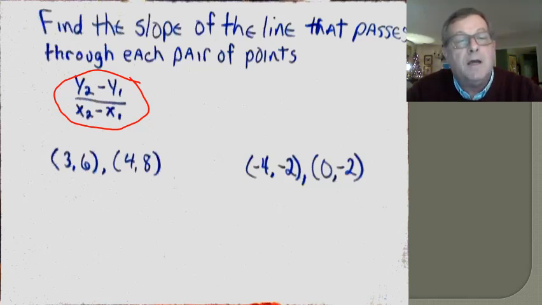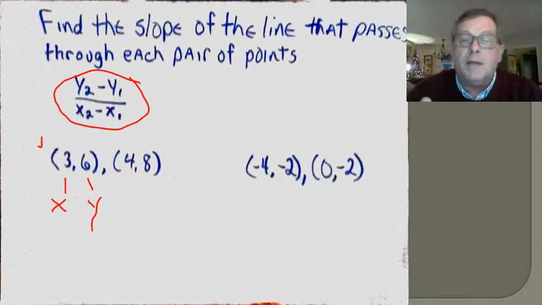So let's look at this set of coordinates right here. I've got a coordinate here, a 3 and a 6. The number to the left of the comma is an x value, and the number to the right of the comma represents a y value.